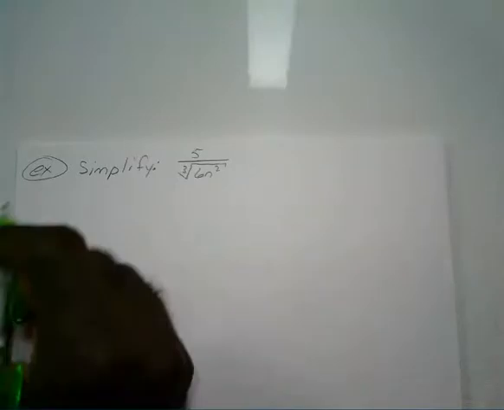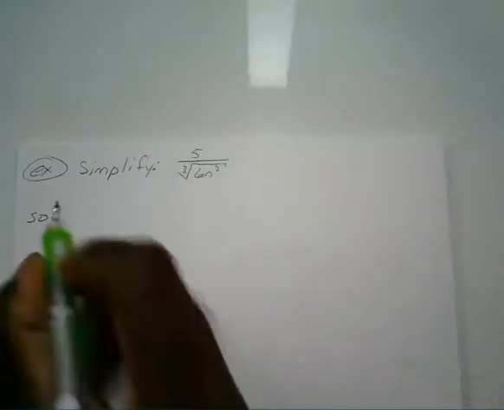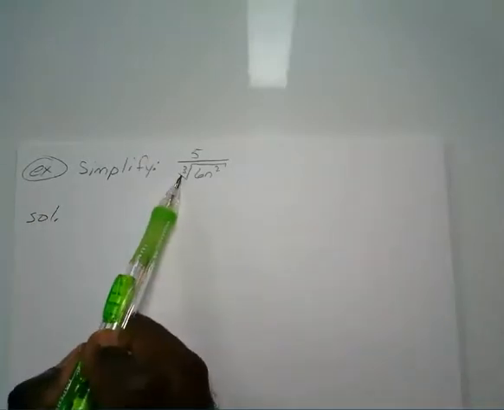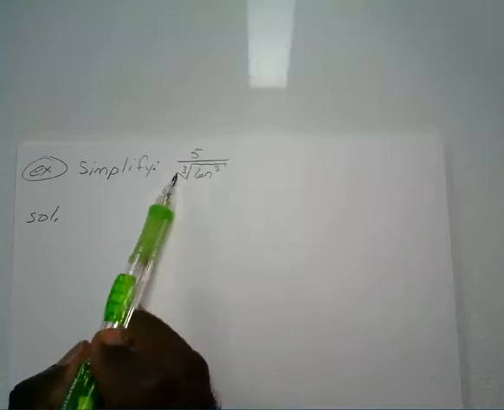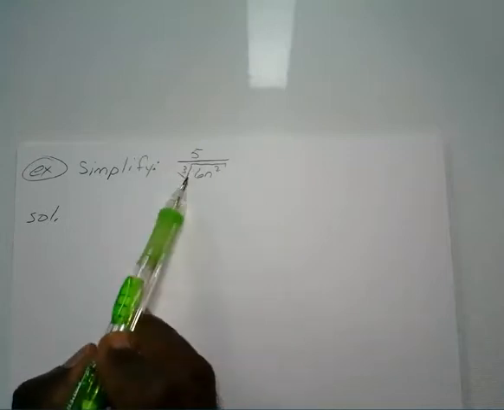All right, so the first thing we want to do is look at that index, because we want to get rid of this root symbol at the bottom, that cube root symbol. We want to get rid of that.